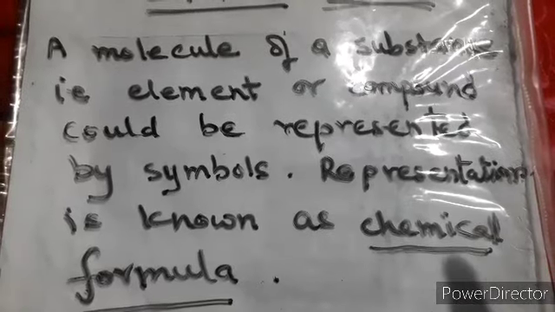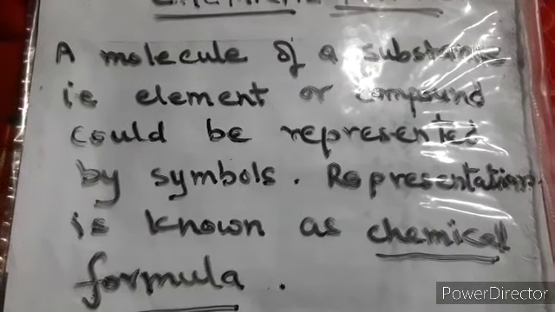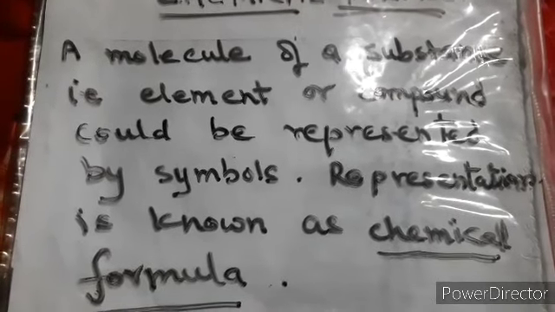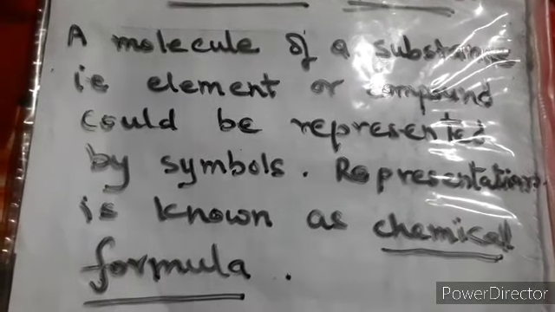But still, from a few words like it's a molecule of a substance, either element or compound, that can be represented by a symbol, the things must be a bit clearer to you. But we'll see it with the help of a formula. Let's focus on it. Now I have written a compound, and that is calcium carbonate.